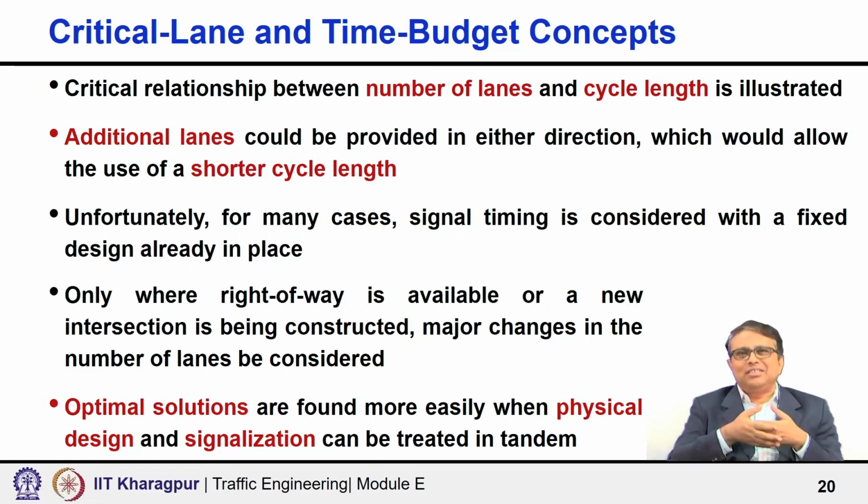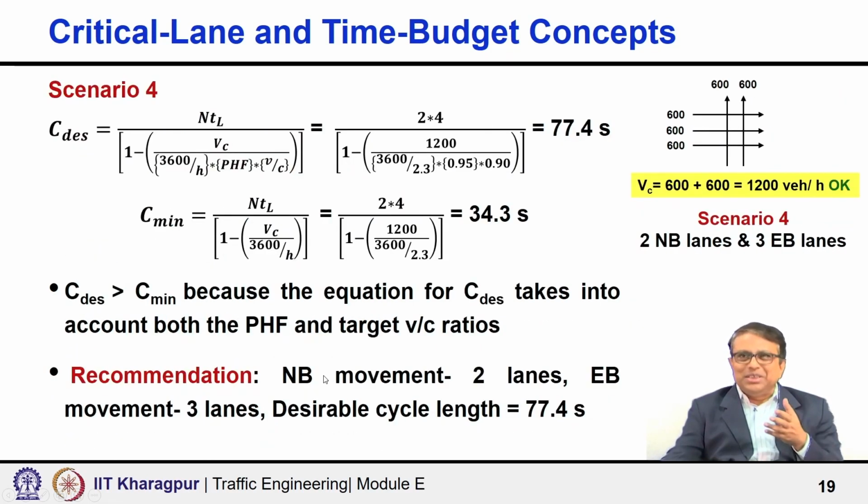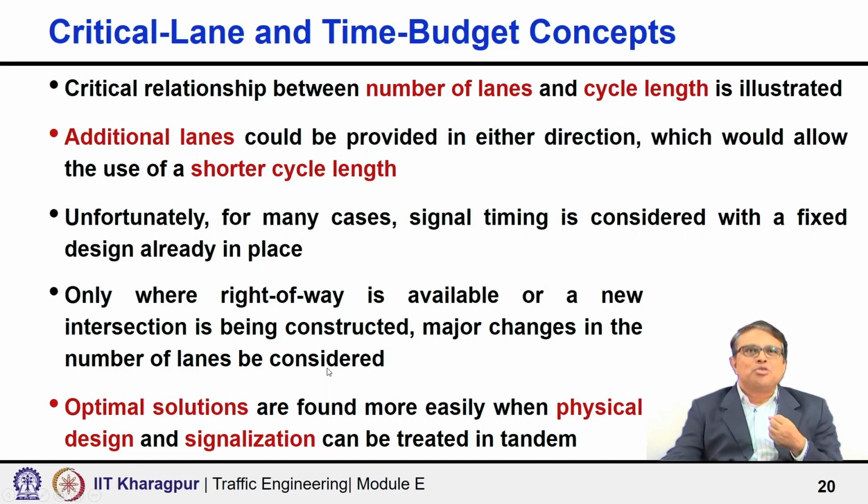Where is your land? So, you cannot really widen, but if you can widen, you can handle a larger volume of traffic. So, only where right of way is available or a new intersection is being constructed can major changes in the number of lanes be considered. Otherwise, what I have shown here, make it 3 lanes, make it 2 lanes, may not be possible in reality in all cases. That is a constraint.